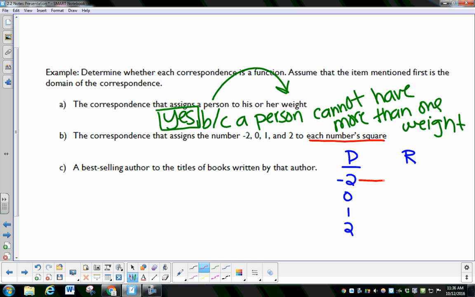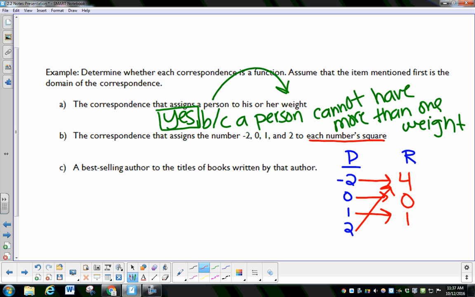So -2 squared, that means -2 times -2. That's +4. 0 squared, so 0 times 0, that's 0. 1 squared, that's 1 times 1, that's 1. And 2 squared is 4, so it's going to go to that range.